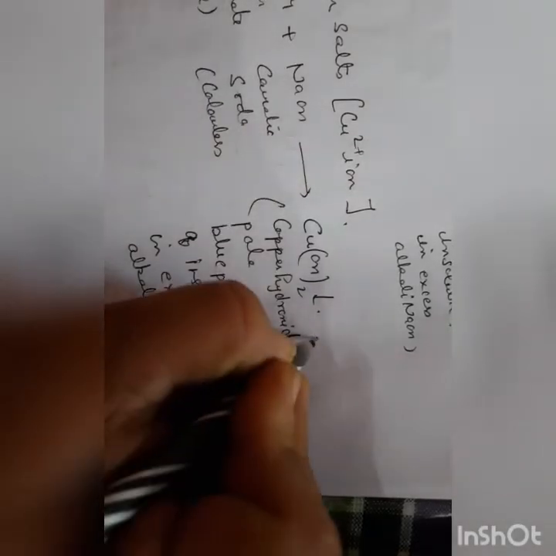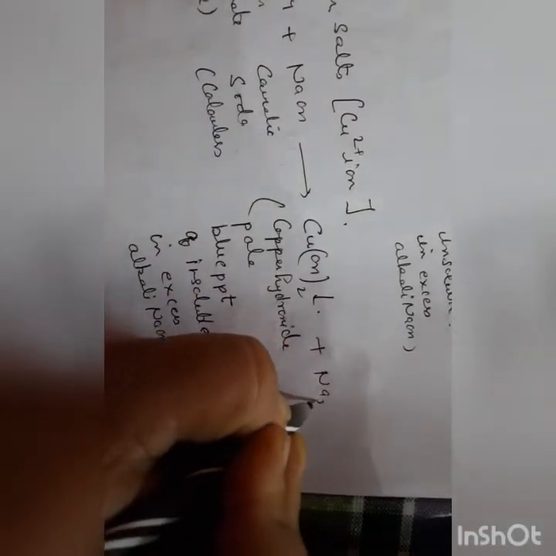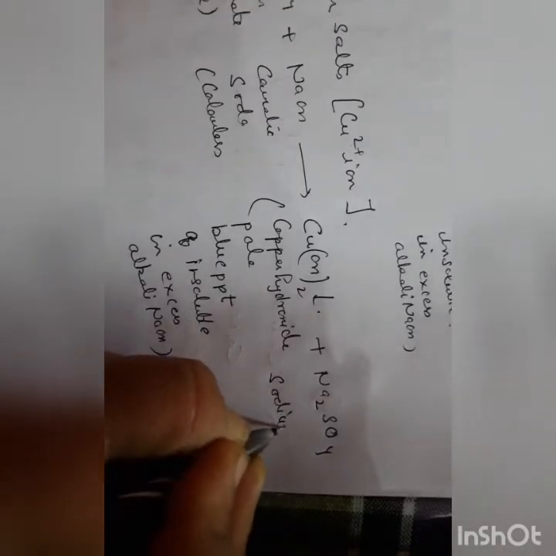Understood? Here we are getting pale blue ppt of copper hydroxide, which is insoluble in excess of alkali. In addition to that, we are getting sodium sulfate, which is colorless.